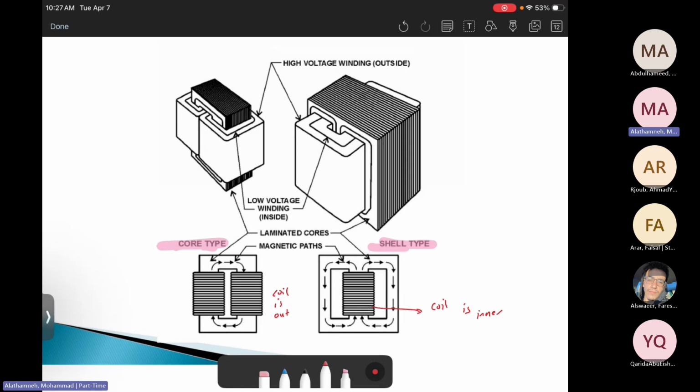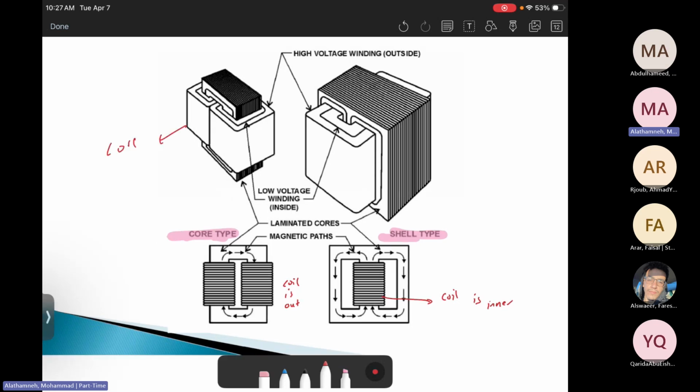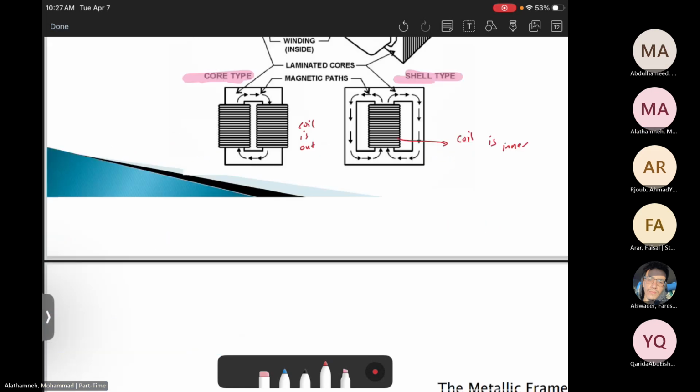This one is a core, this one is a shell. When you see the core outside of the coil, it will be shell. If the core is inside while the coils are outside, then it will be core.